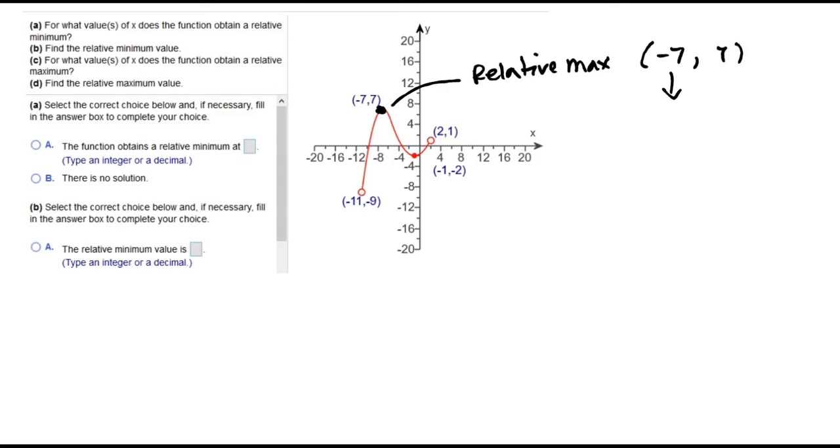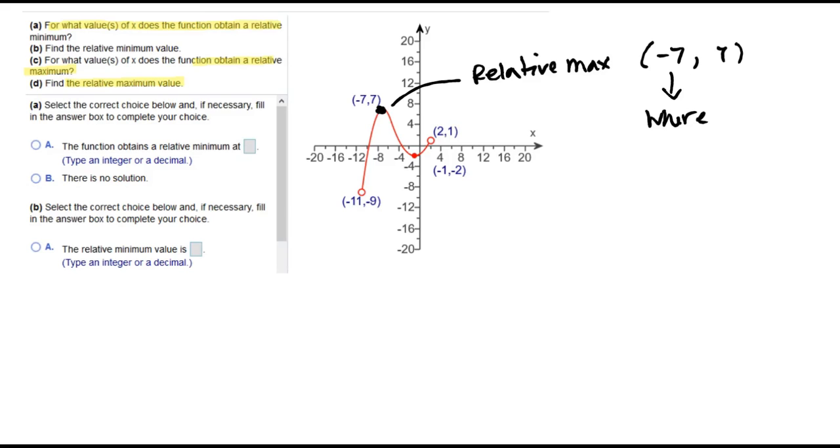The x part is the where part, which is what's being asked in this part right here. For what values of x does the function obtain a relative, well, this is maximum, obtain a relative maximum, and then find that relative maximum.